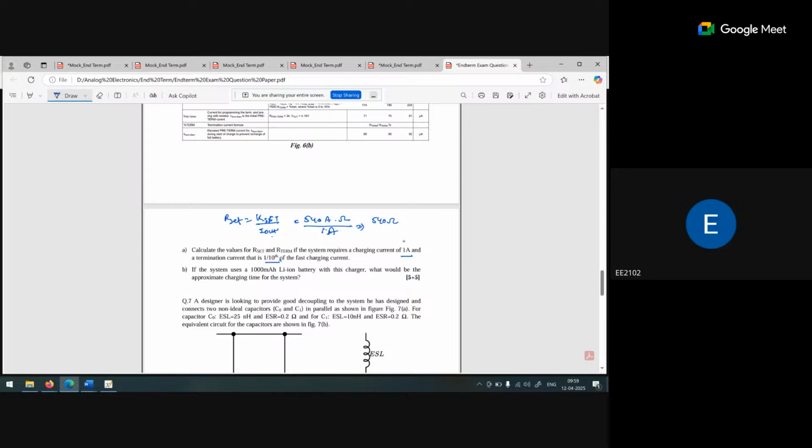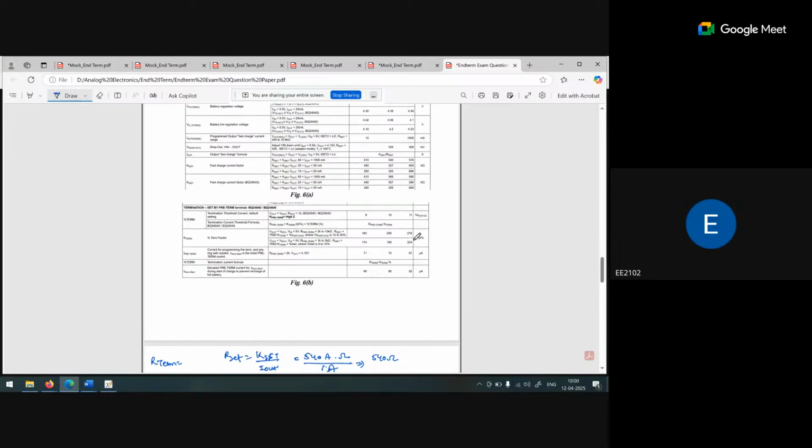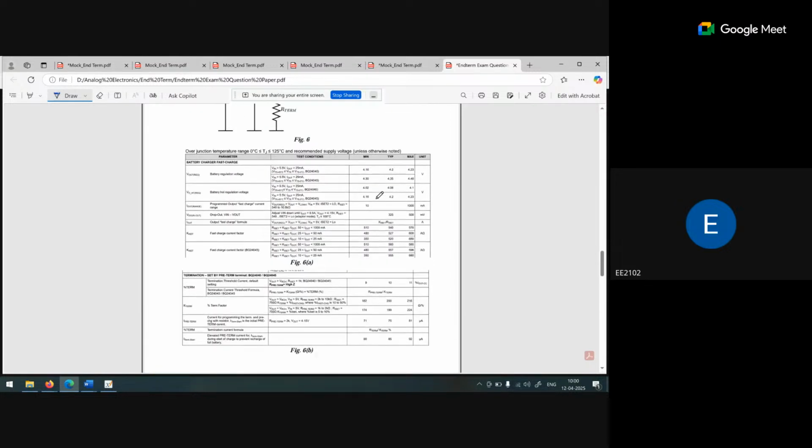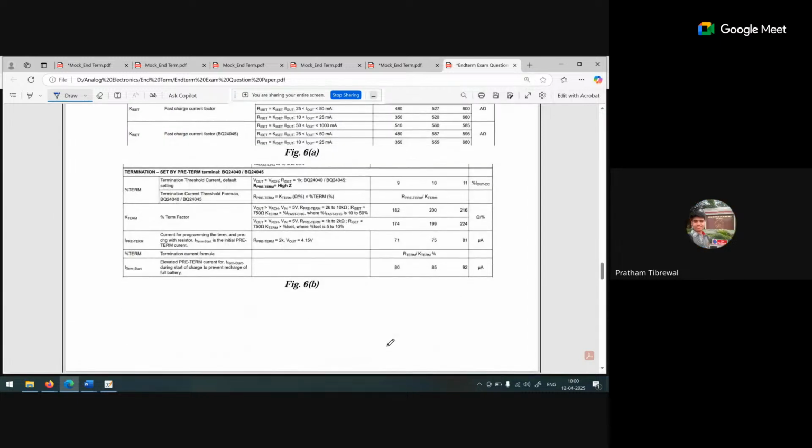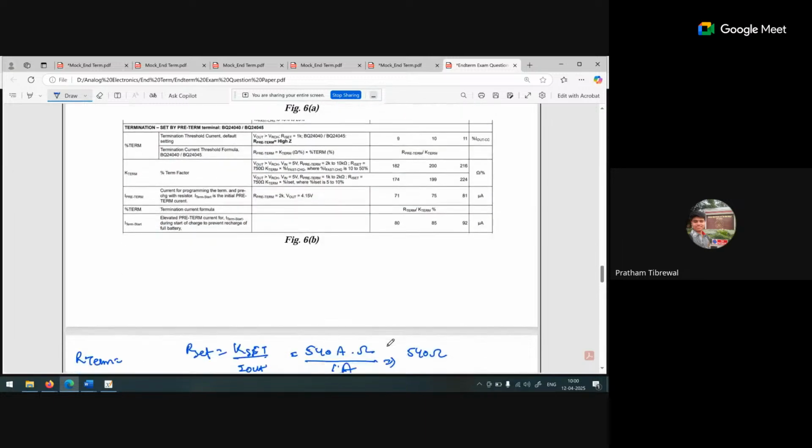And what is the R term? If you see the formulas here, the formula is mentioned. These formulas are also given in the question paper, sir. If the datasheet is provided to you, it is given to you. Sir, one more thing, the question asks for DQ24045, not for 24040.